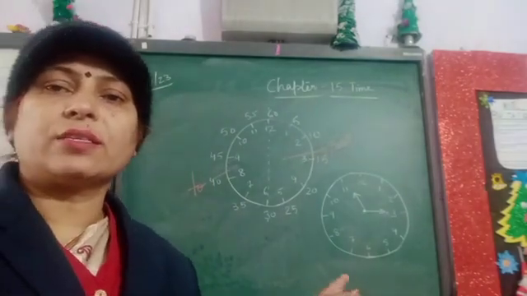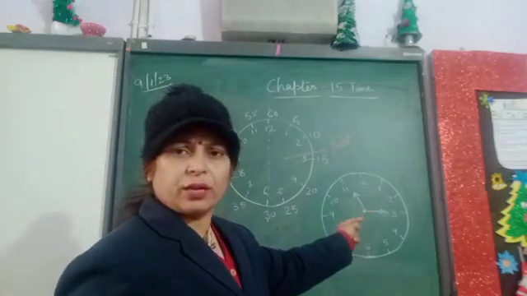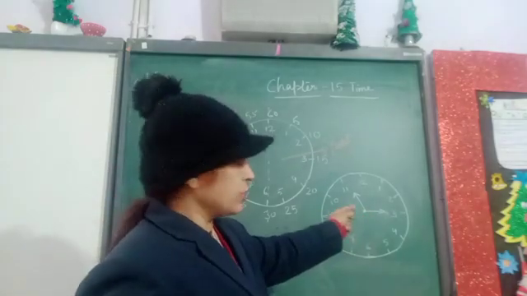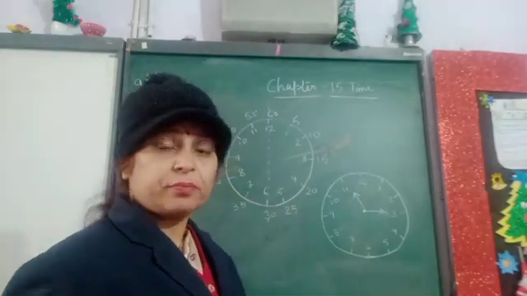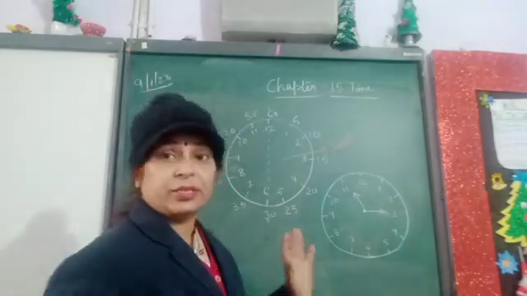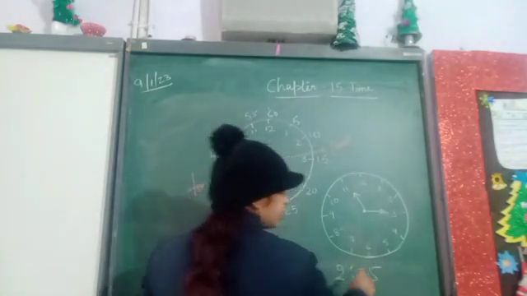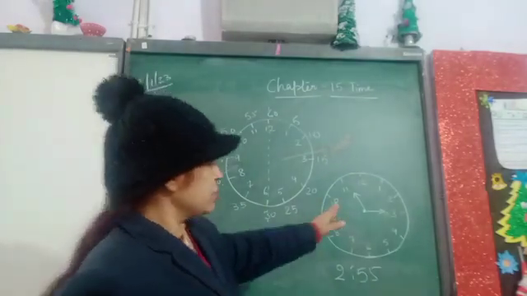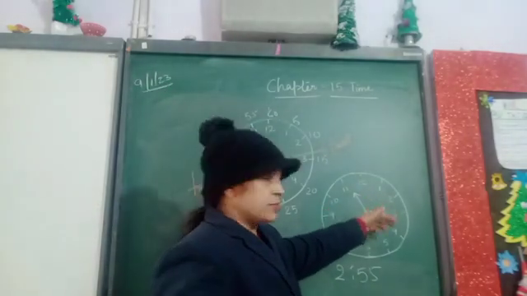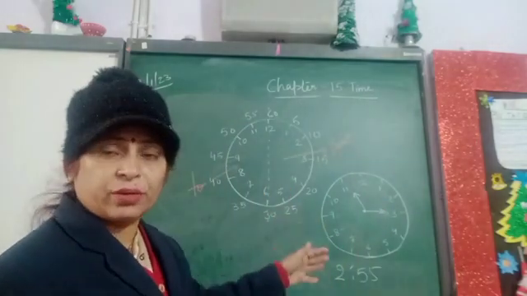Now children, see this clock. Here the hour hand is just going to reach 3 and the minute hand is pointing towards 11. So what is the time actually in digital form? The time is 2:55. Actually 3 has not taken place. The time is at 2 only because 3 has not happened, it is just near to 3.